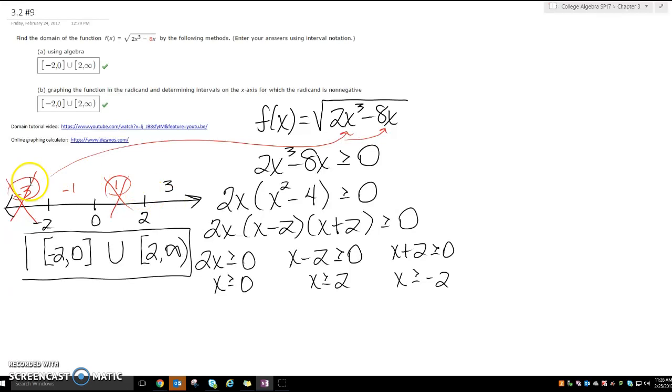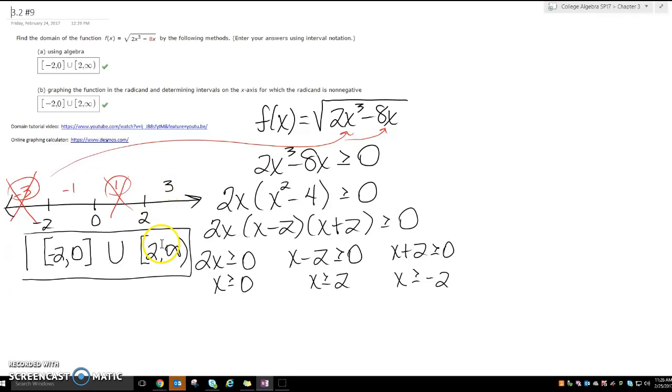You can see my test points here, and you can use whatever numbers you want within that interval. I found the interval between negative 2 and 0. When I tested it, it made a true statement. So I have in brackets negative 2 comma 0. Remember, because it can be equal to 0, I can use brackets and not parentheses.